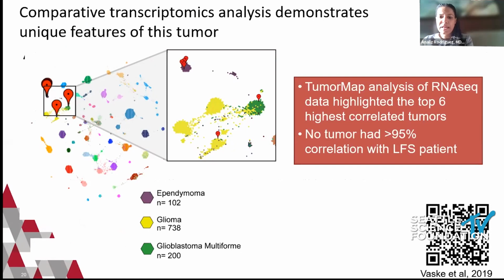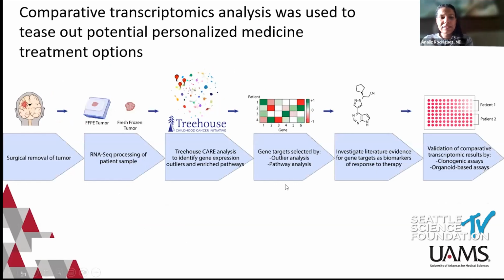However, no tumor had greater than 95% similarity to this tumor. We ended up doing comparative transcriptomics, where we take the bulk RNA and look for gene expression outliers and identify pathways that potentially have FDA-approved drugs that can target that pathway.